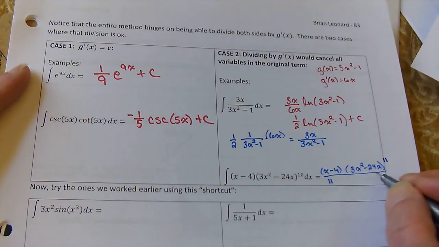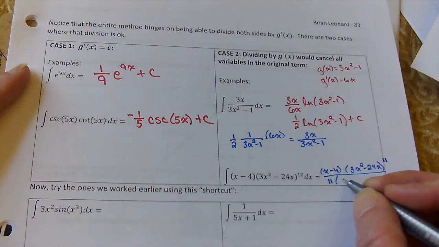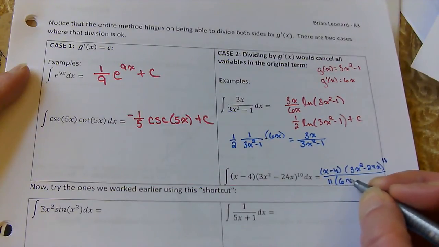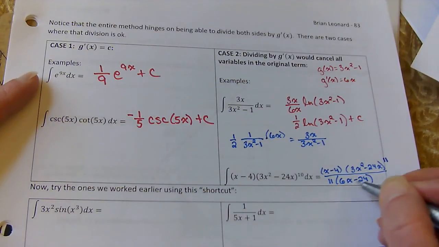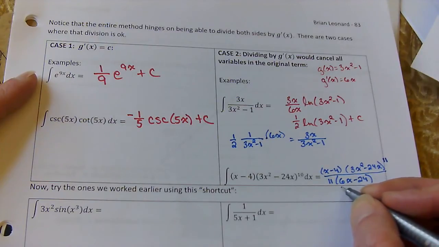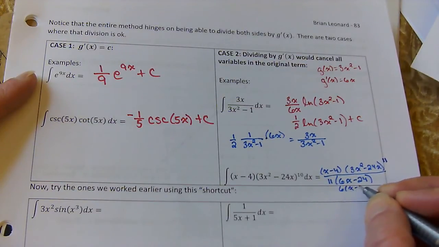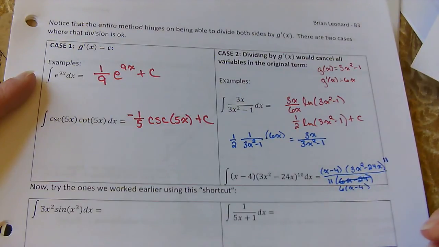But we're also supposed to divide by the derivative of that inner function, which would be 6x minus 24. Well, what's going to happen there? 6x minus 24, if you factor out a 6, you're going to have 6 times x minus 4. The x minus 4's will cancel out.